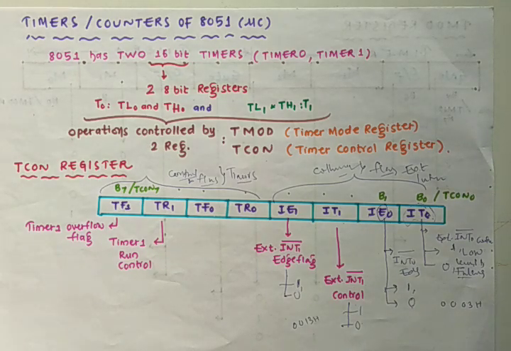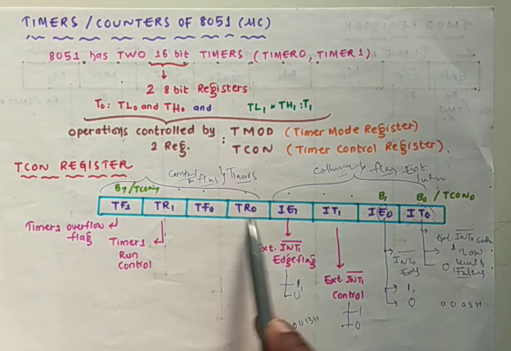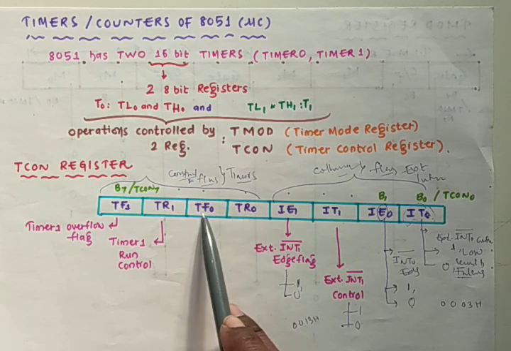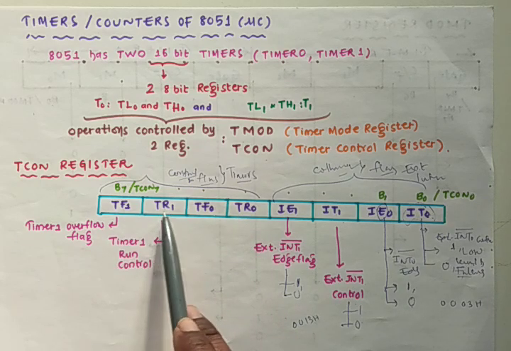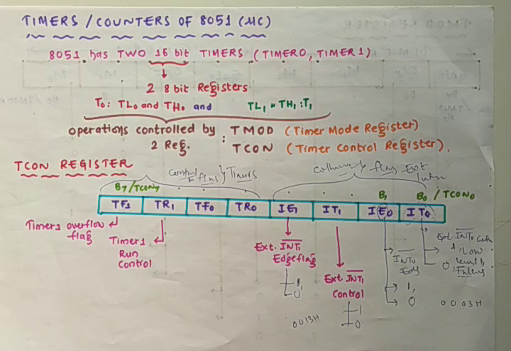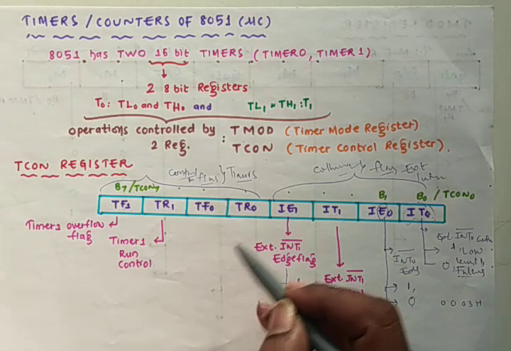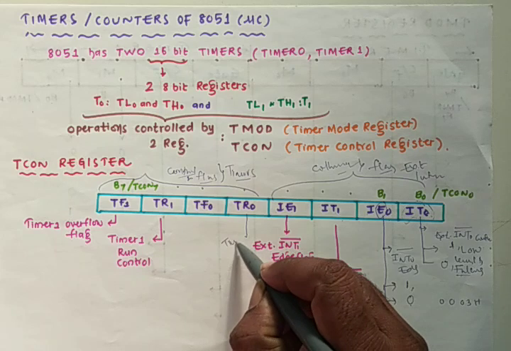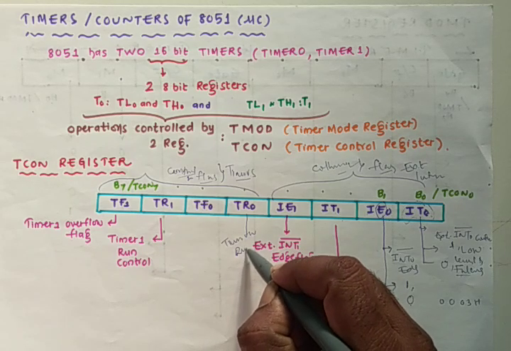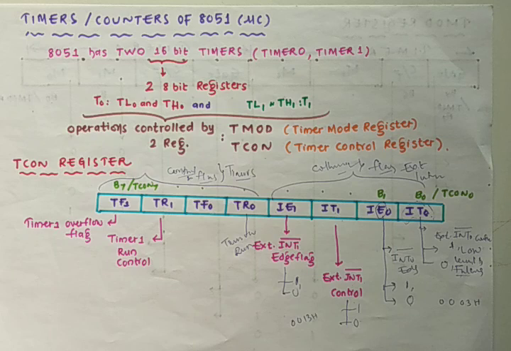We have two timers. Here we are going with the two timers. TR0 and TF0 are for timer 0, and TF1 and TR1 are for timer 1. Then I am going to explain. This is TR0, the timer 0 run control.